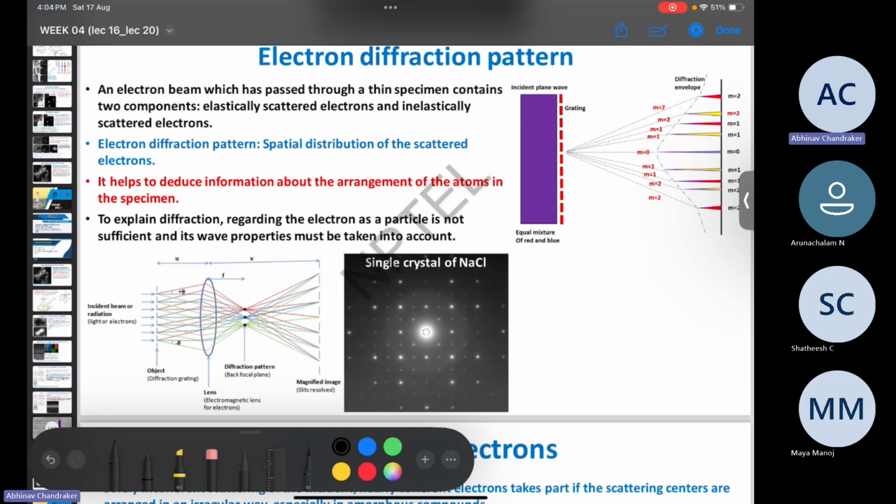So we had discussed about diffraction of electrons by the features in the specimen. But how exactly does diffraction happen?